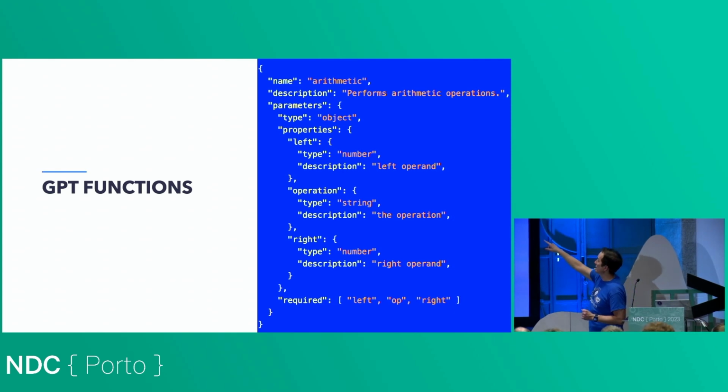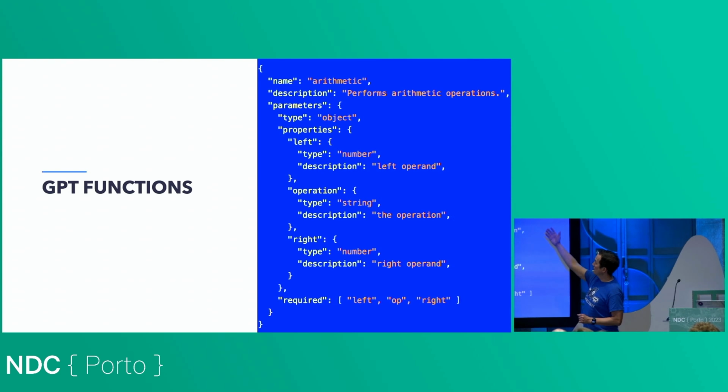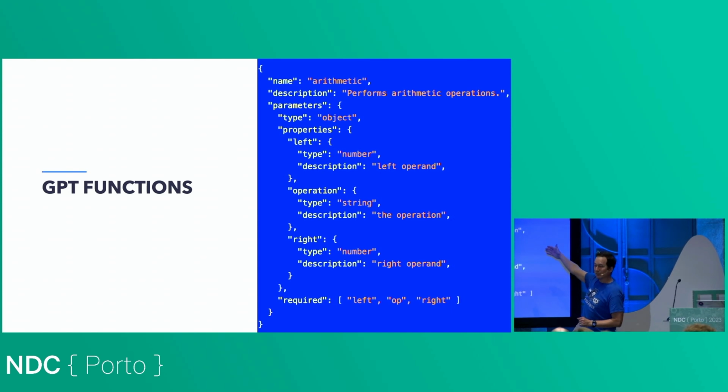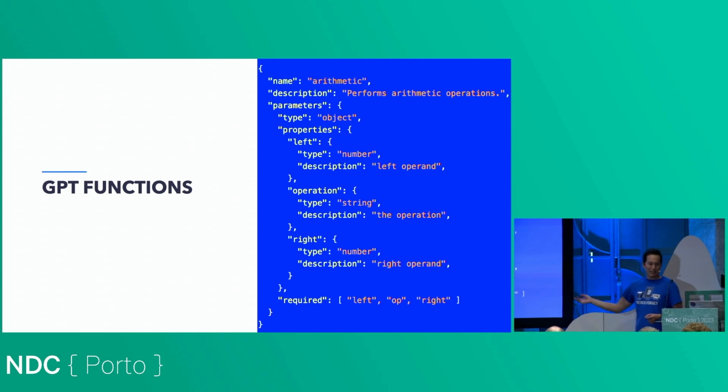I need to call this function. And then you describe the properties of the function. There's 3 parameters, left, operation, and right. You give it a type. The description is also a prompt, so it knows what part is the left, what part is the operation, what part is the right. And then you specify which ones are required, so left, op, right.